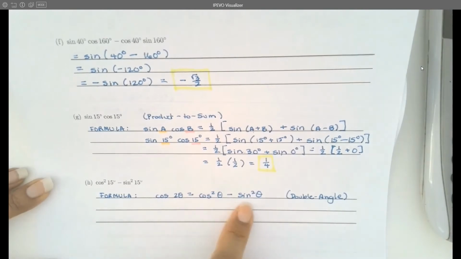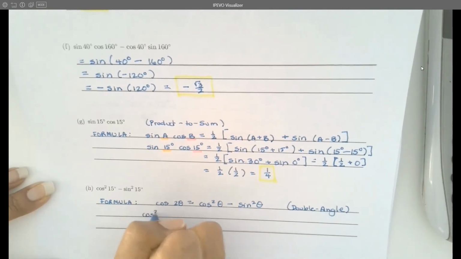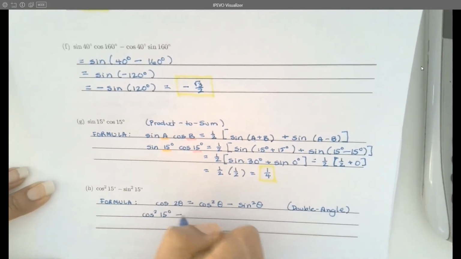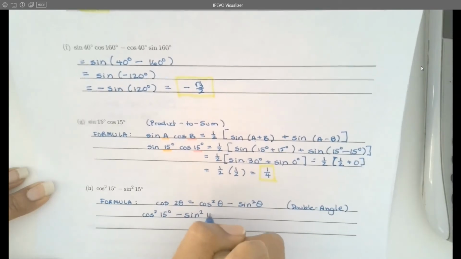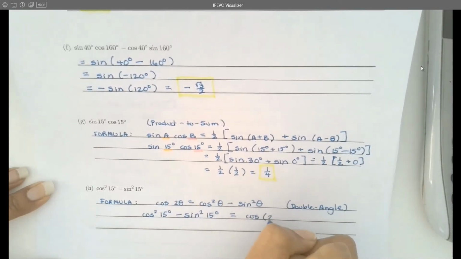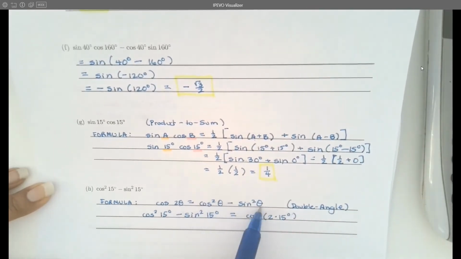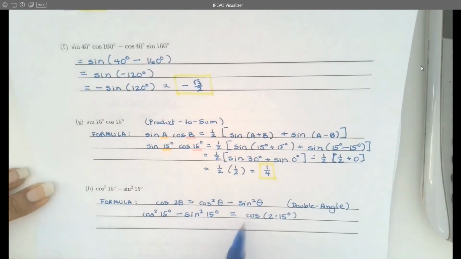Okay. And now, because these two match, I'm simply going to write this as cosine squared of 15 degrees minus sine squared of 15 degrees. That is going to equal cosine of 2 times 15 degrees. Right, I'm replacing everywhere there's a theta with 15 because these agree.